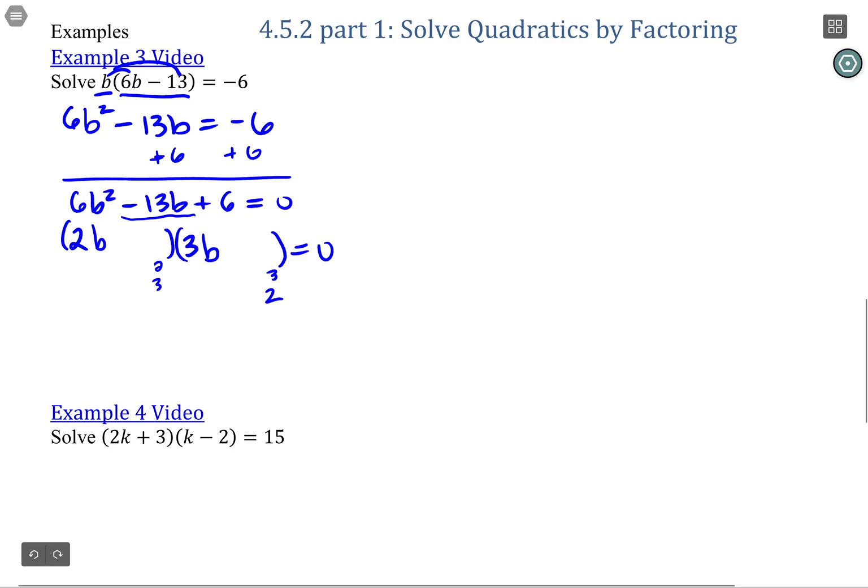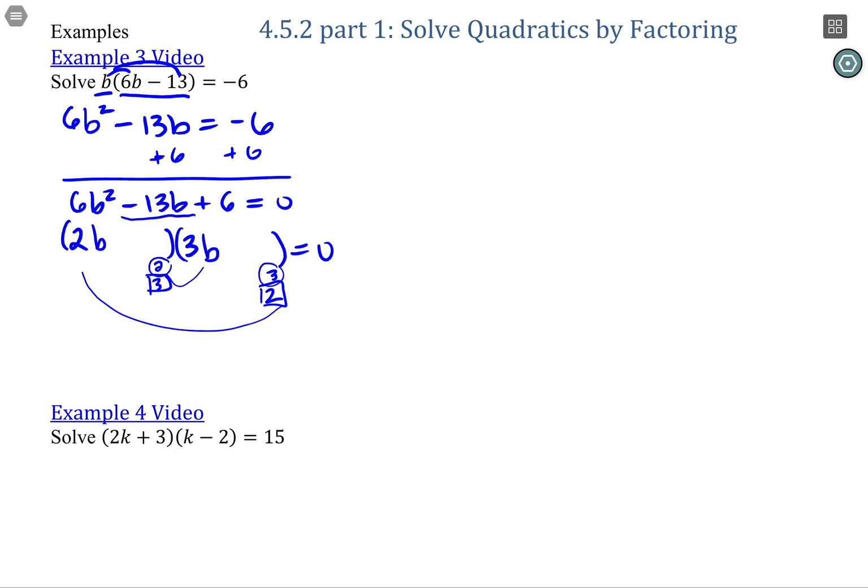So you can just kind of think about your outside, inside. If I do the top pair, I'm going to get outside is 6, inside is 6, outside is 6b, inside is 6b, which does not add up to 13 or -13. So if I instead try the 2 and 3 in the opposite order, my outside is 4 and my inside is 9.